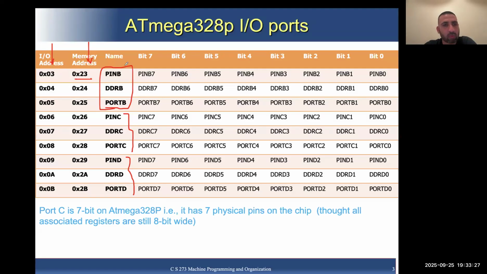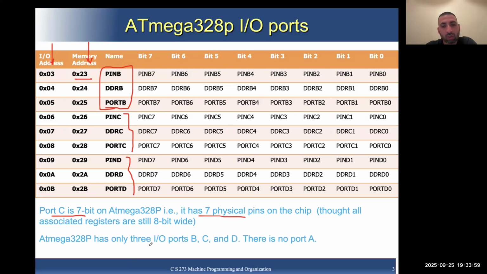So what does it mean? On one side, we are saying that all the registers are 8-bit wide, but then we are also saying that port C is 7-bit. It basically means that you have 7 physical pins on the chip, from PC0 to PC6, not PC7. There is no PC7 on the ATmega328P microcontroller. This is different from port B and port D, both of which have 8 pins available on the chip.